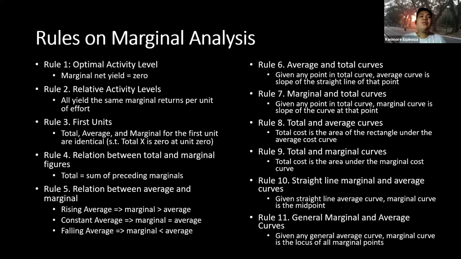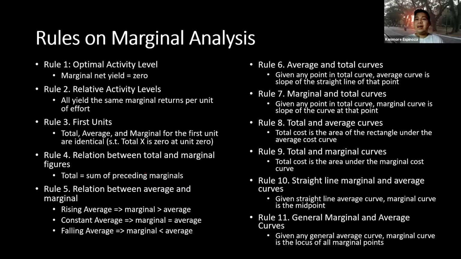Okay. So we're done with the relationship between total and marginal. Then we proceed with the relationship between average and marginal. As you will see, if you see a rising average, it means that your marginal is greater than your average. If you have a constant average, then this is the point wherein your marginal is equal to your average.